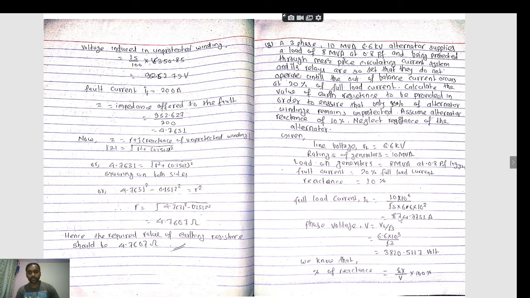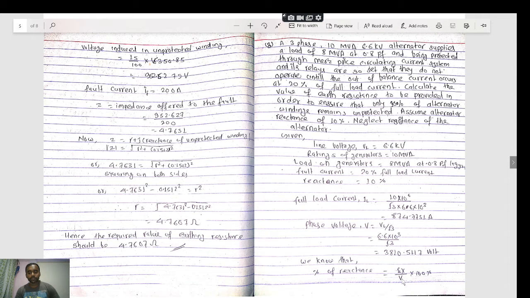that is 874.7731 ampere. Now phase voltage equals VL divided by √3, that is 6.6 into 10 to the power 3 divided by √3, that is 3810.5117 volt. We know that percentage of reactance equals Ix by V into 100%, similar to the previous question.